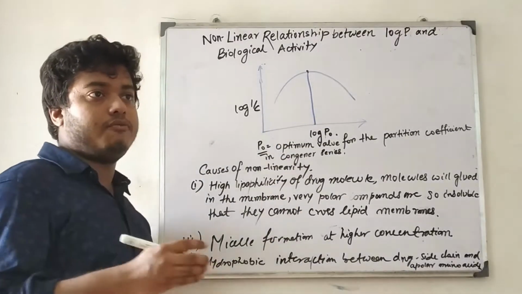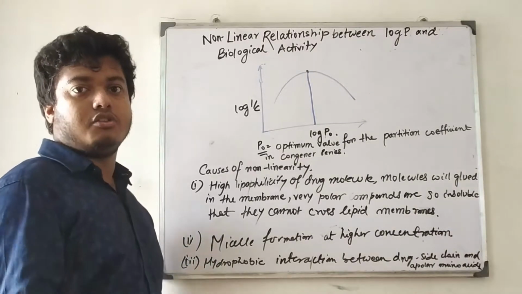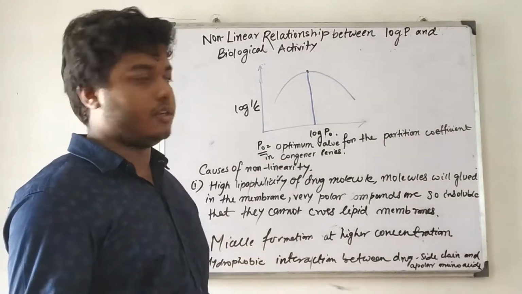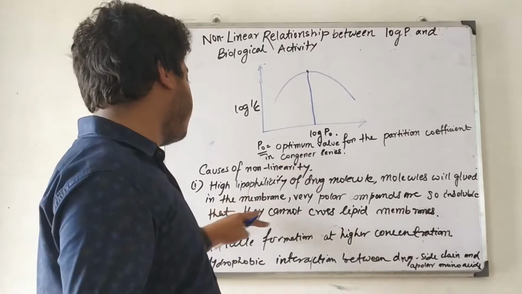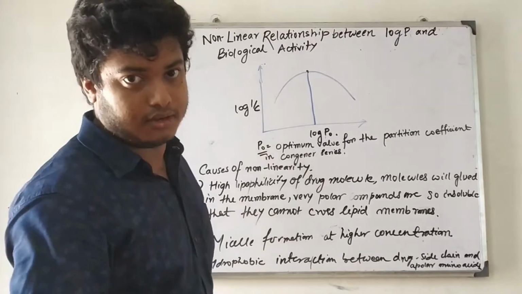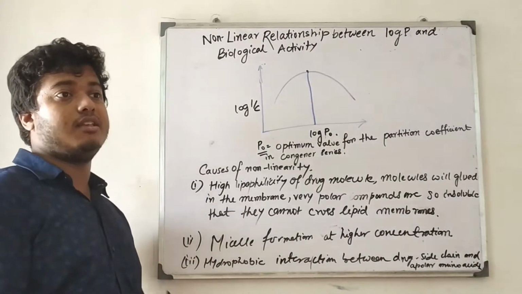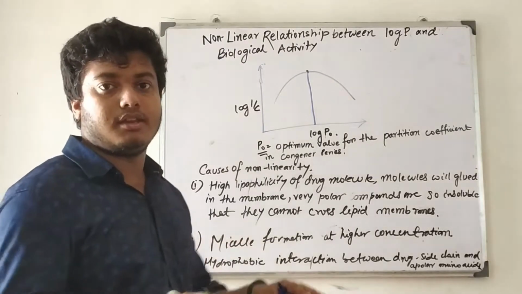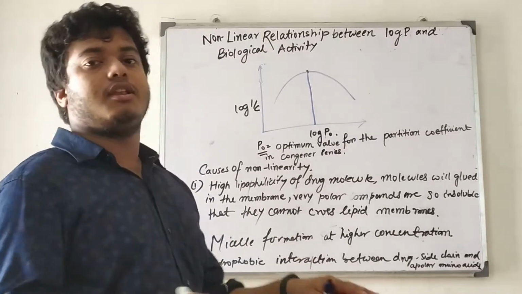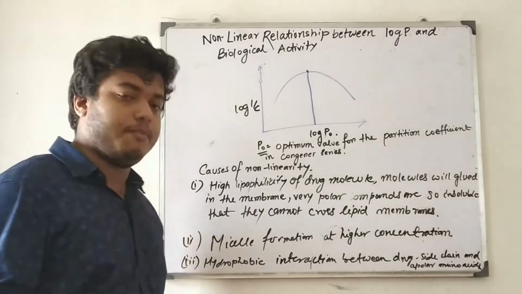If we further increase the concentration, no further lipophilicity effect will occur because it produces a saturation effect, that is, the lipid membrane is completely blocked with the lipid molecules.